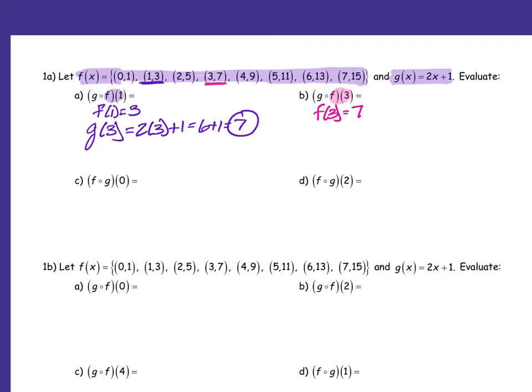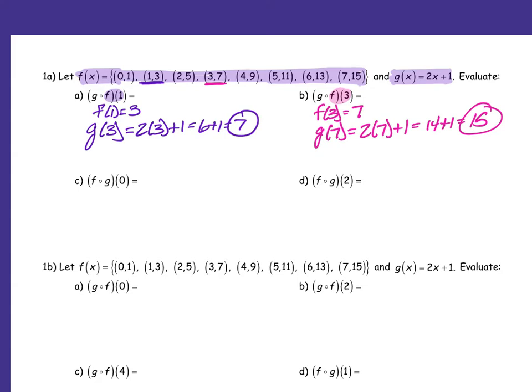Okay, and then I'm going to take that 7 and plug it into g. I'm going to find g of 7. So that's 2 times 7 plus 1, 14 plus 1, 15. Beautiful. Questions? Are we okay? You guys are good. Okay.